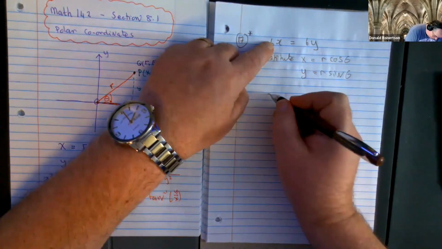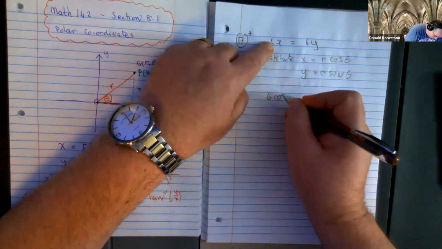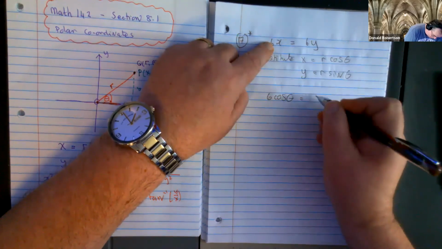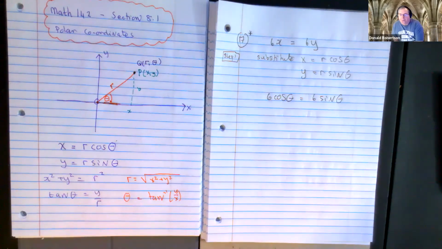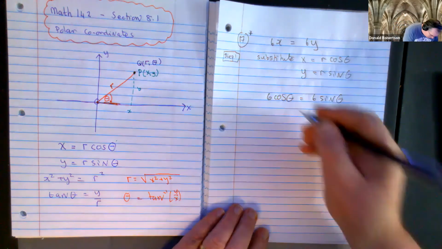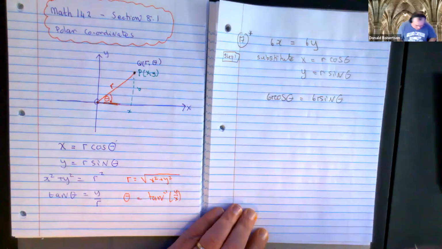So this becomes 6 times r cos theta, and this becomes 6 times r sin theta, and that is step 1 done. I forgot my little r's.